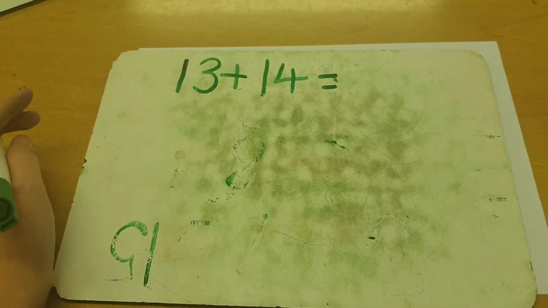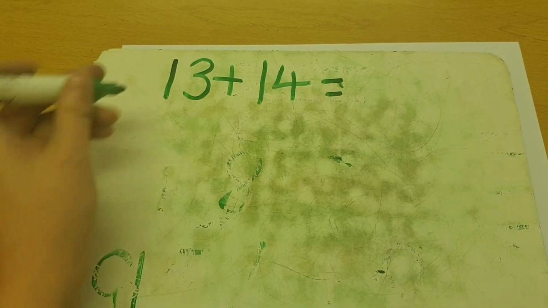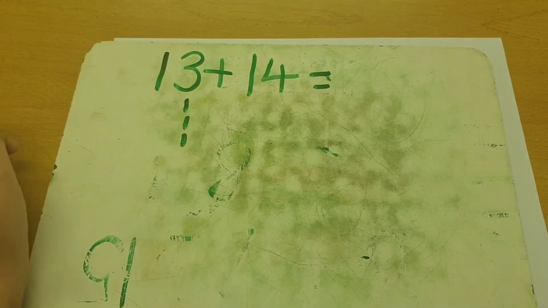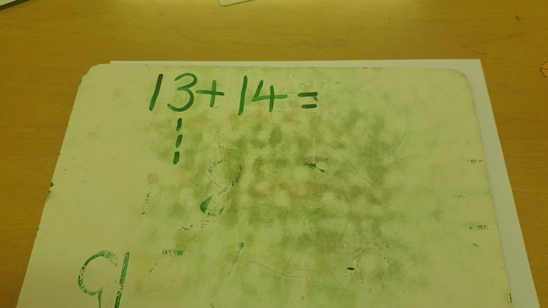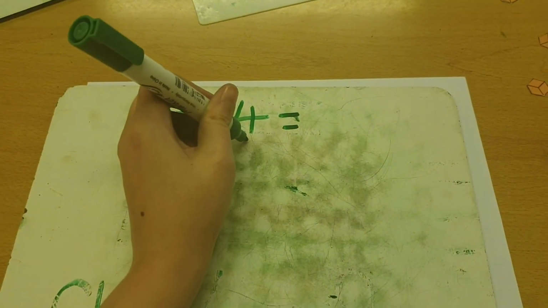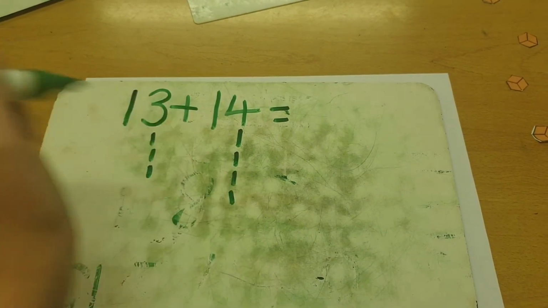So let's look at the ones first. How many ones are in 13? Excellent, 3. So I'm going to draw 3 little ones underneath. And how many ones are in 14? Super, there's 4. So I'm going to draw 4 little ones here.